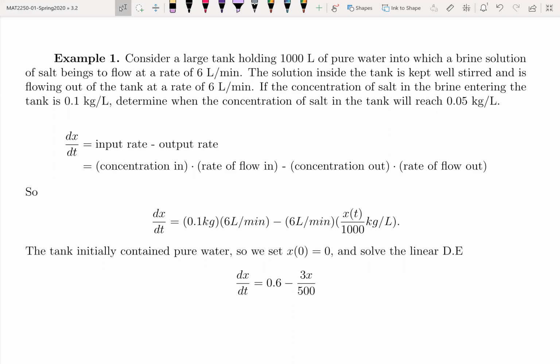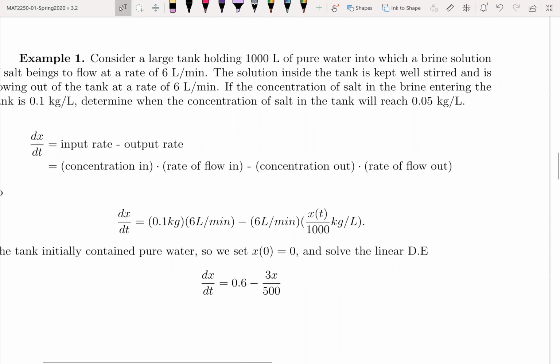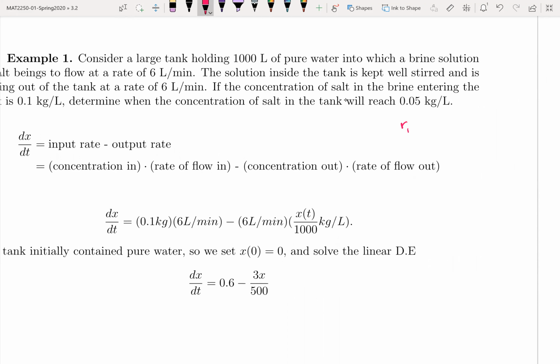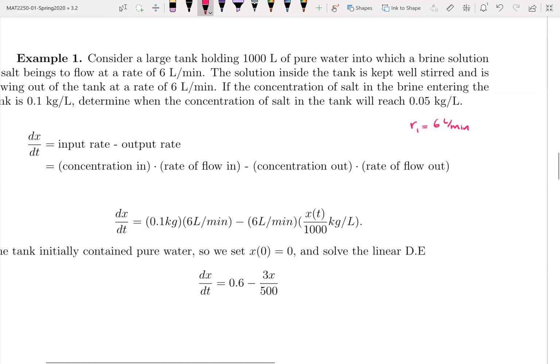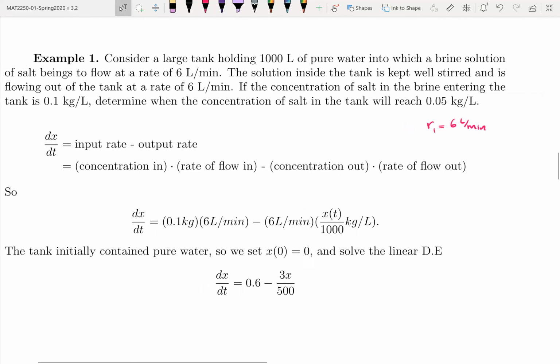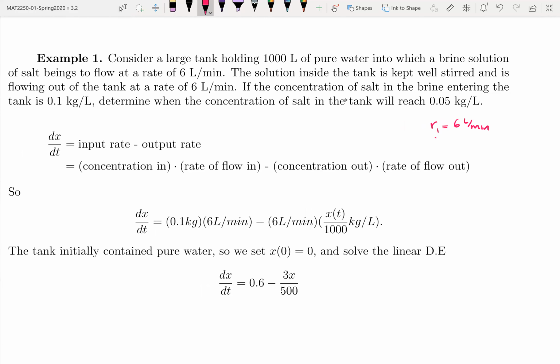If I want to use the notation, that is R sub 1, which is 6 liters per minute. And then the solution inside the tank is kept well mixed and flows out at the rate of 6 liters per minute. So it doesn't change the volume. It stays the same because the rate in and out is the same.